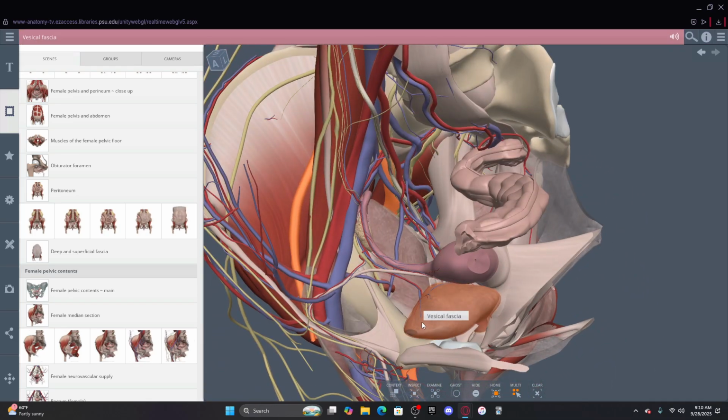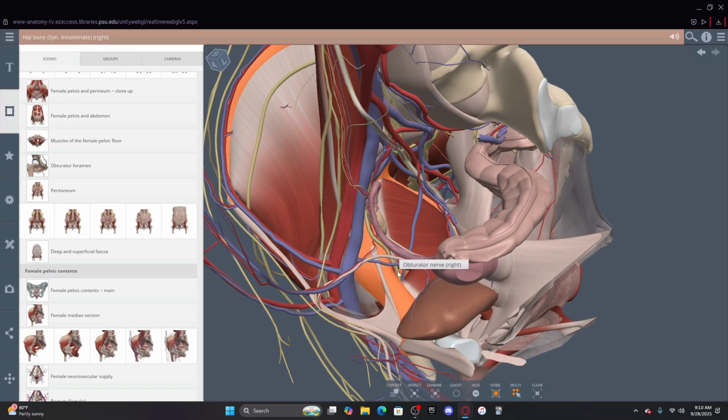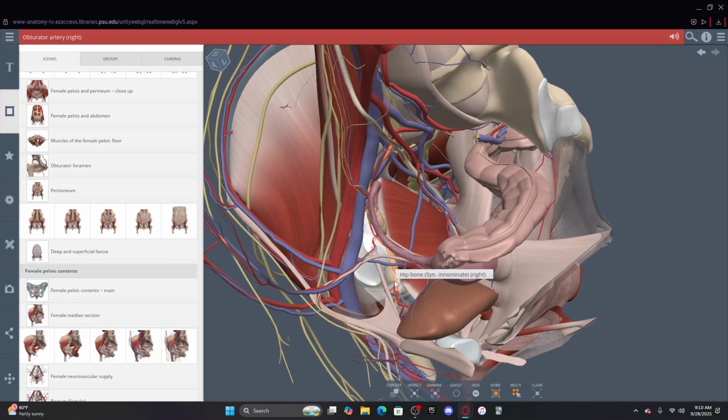So if I remove some of this fascia here, this obturator fascia, I can literally see the obturator nerve. The obturator artery is in the back here. It's trying to hide a little bit.